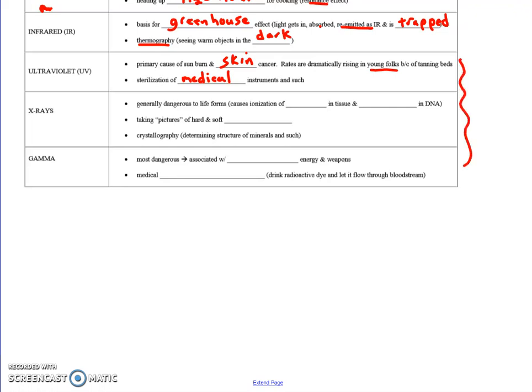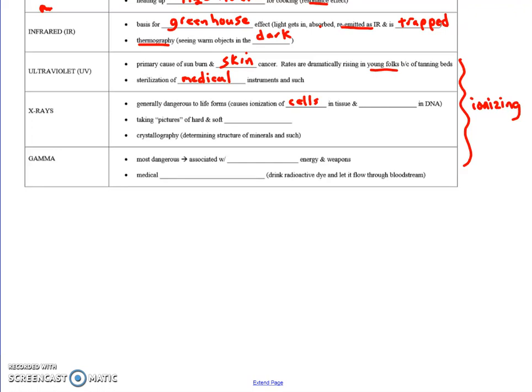Because it is actually all three, these last three, and this is important to know, are ionizing radiation. I'm going to talk more about that in a second with X-rays. So X-rays and gamma are generally dangerous to life forms because they ionize. They have enough energy that they'll ionize your cells, in particular the tissue that they hit. When you ionize the chemicals within the cells, you disrupt the chemistry, which will generally kill the cell.